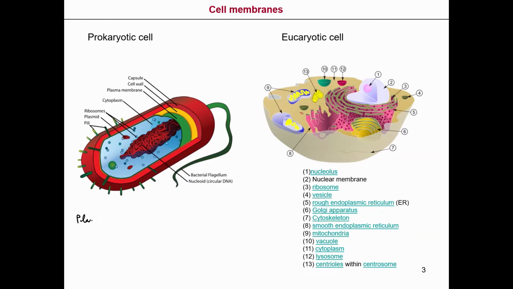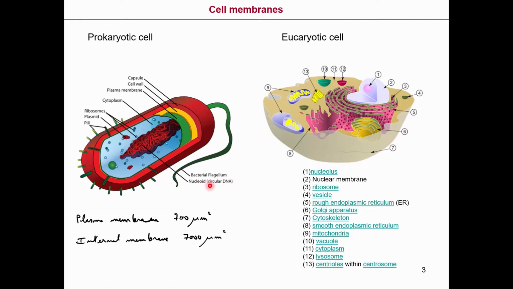The surface of the plasma membrane is around 700 micrometer square, but the internal membrane surface is tenfold higher, so it's 7,000 micrometer square. So you don't have only the plasma membrane, you also have internal membrane.